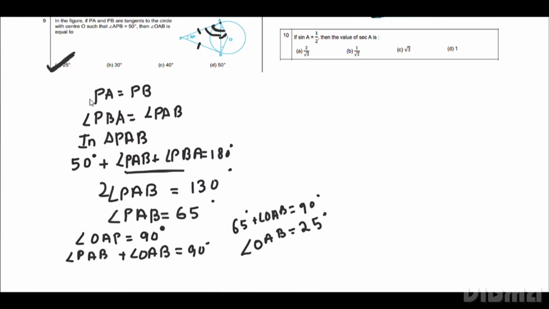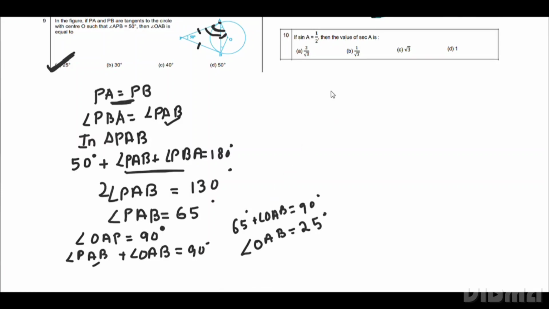You know that tangents are equal if they are drawn from an external point. If these two are equal, the angles opposite to equal sides are equal. Then in this triangle, we found the value of PAB, and OA was the radius and AP was the tangent, so the angle at the point of contact A will be 90 degrees. So OAP is 90 degree. This angle plus this angle is 90 degree, and this you have already found as 65 degree. So you can find this.